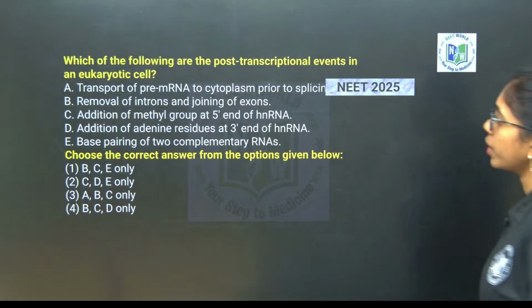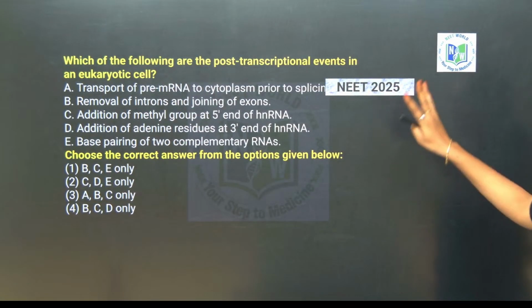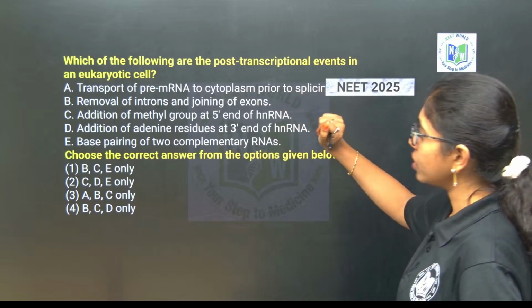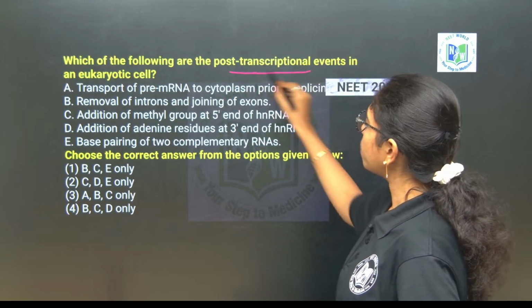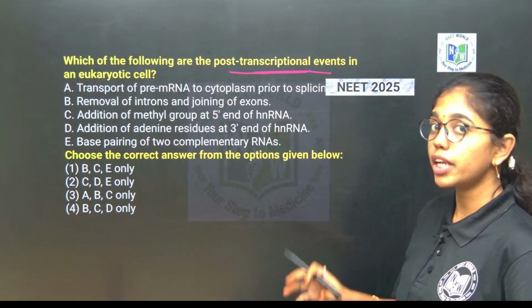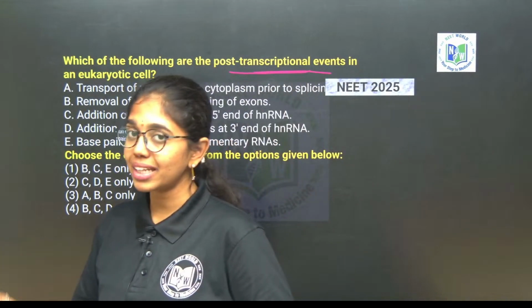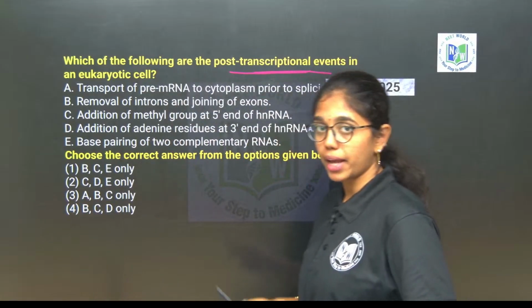Next question, again NEET 2025, a multi-statement based question. Which of the following are the post-transcriptional events in a eukaryotic cell? First, recall the post-transcriptional events in a eukaryotic cell.